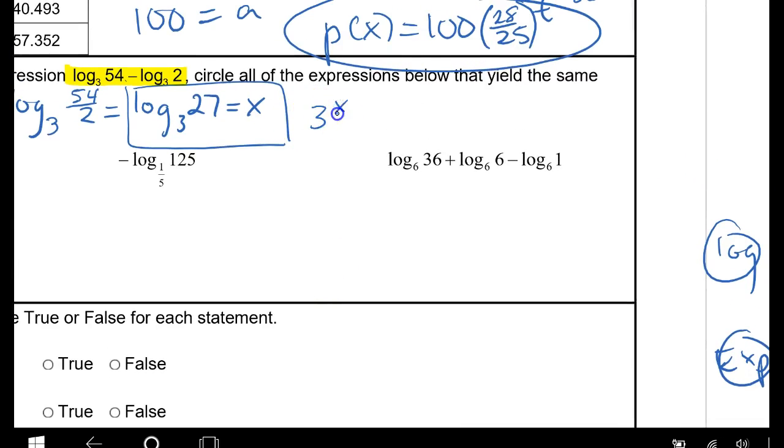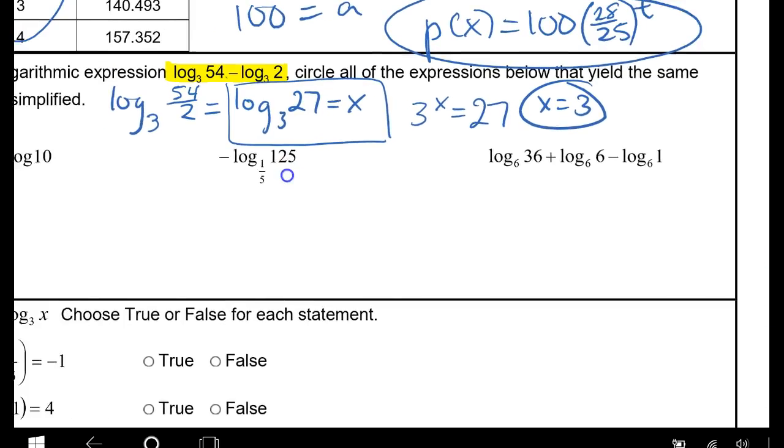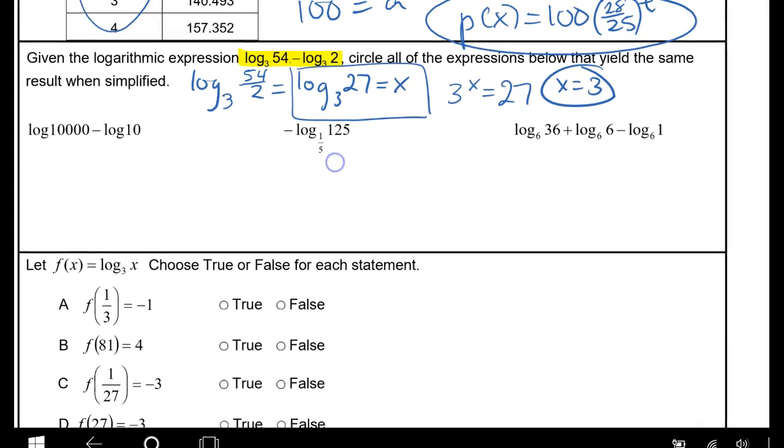So this will be 3 to the x equals 27. 3 is our b, x is our e, and 27 is our a. And you have to say to yourself, what power do we have to raise 3 to in order to equal 27? Well, I know that's 3, because 3 to the 3 is 27. So now I know this expression is equal to 3. I need to go through each of these logs and figure out which ones are equal to 3 and which ones are not. So let's first start with this one on the left.